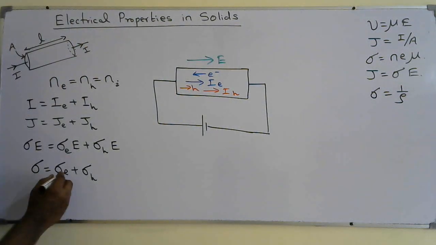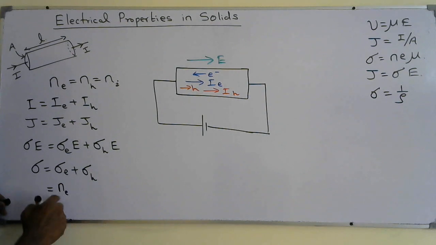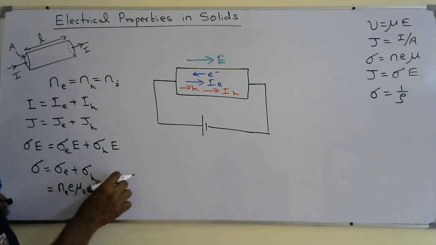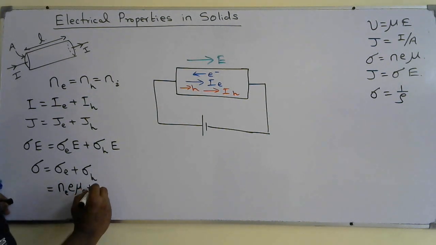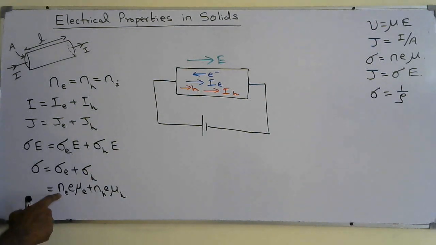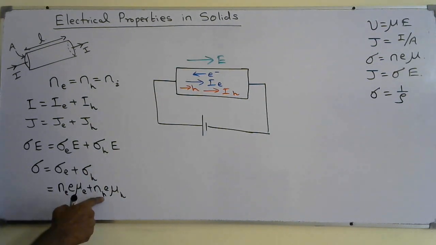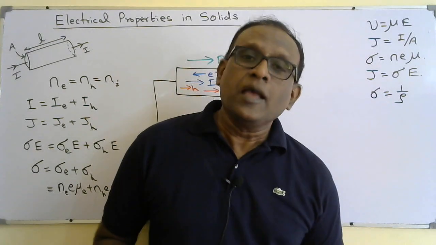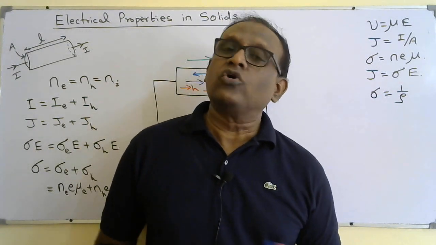So I can write sigma e as Ne, I'll replace it by Ni later, Ne e mu e, the charge of the electron into the mobility of the electron, plus Nh e mu h. Ne and Nh are the same, e are the same. Are mu e and mu h the same? No, they are different. Actually, the mobility of electrons and the mobility of holes are different.